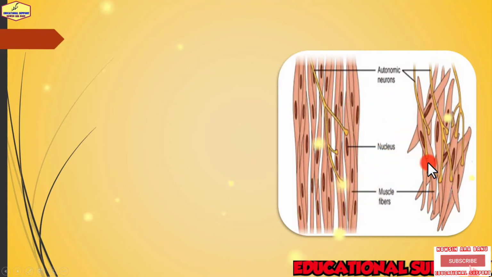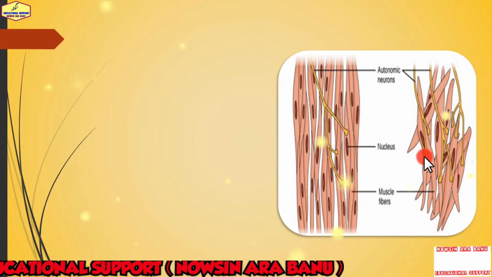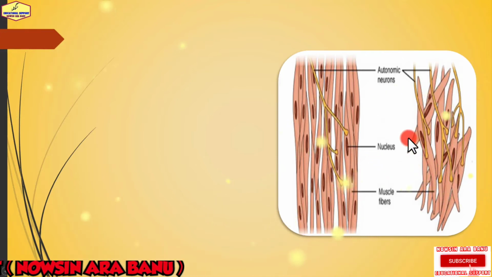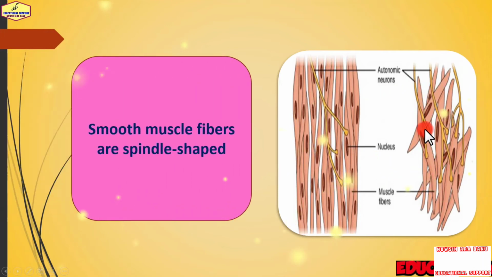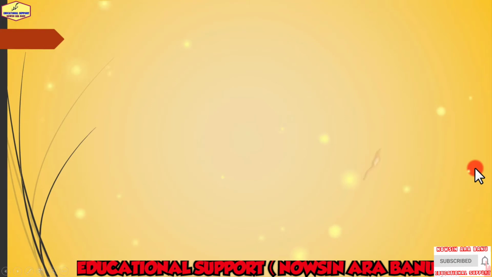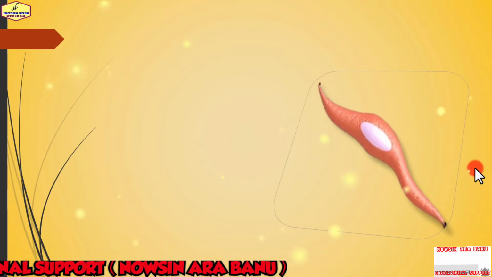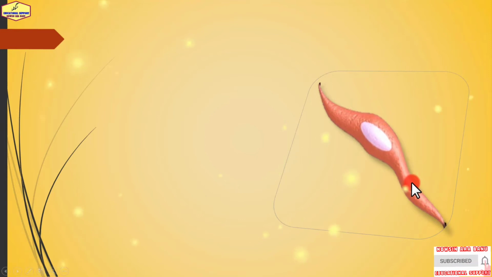Smooth muscle fibers are spindle-shaped, wide in the middle and tapered at both ends, somewhat like a football. Can you see the elongated tapered fibers?